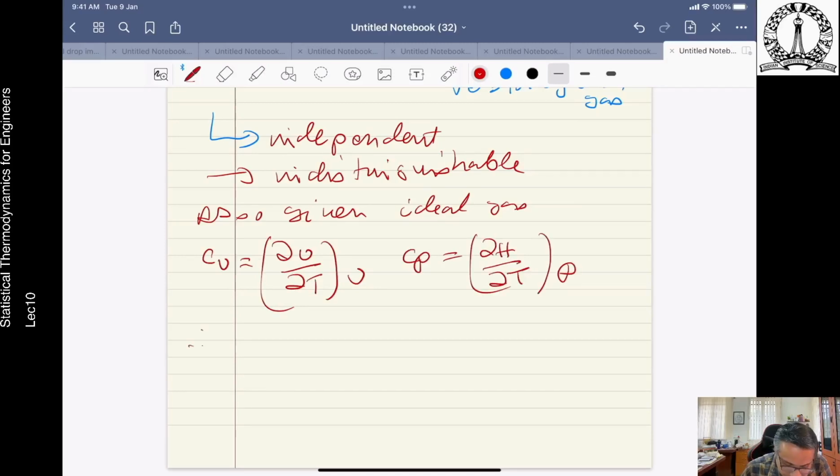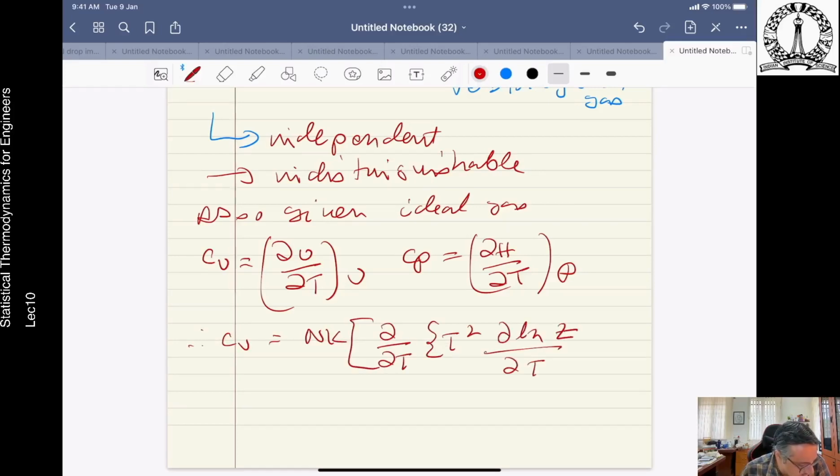So therefore Cv can be written as Nk times the differential of T square d ln z by dt, and all these are computed at constant v. So you can find out Cp in the same way. That is left as a homework problem.